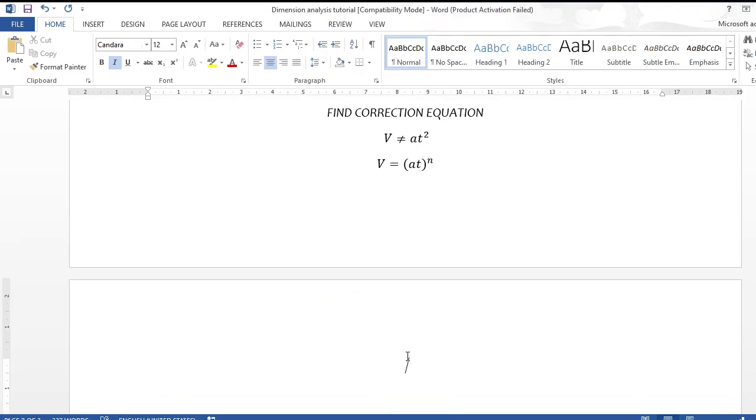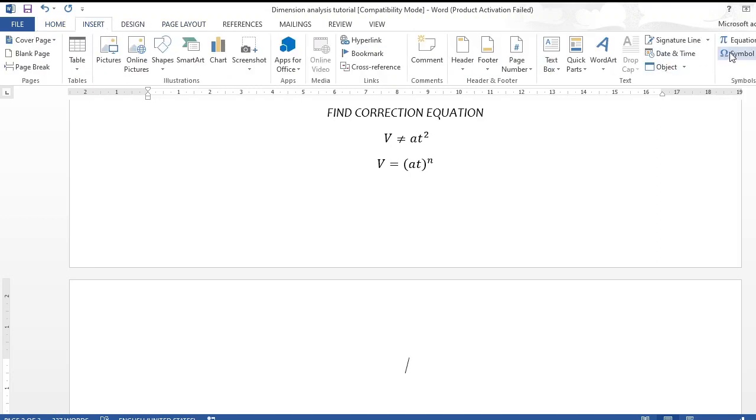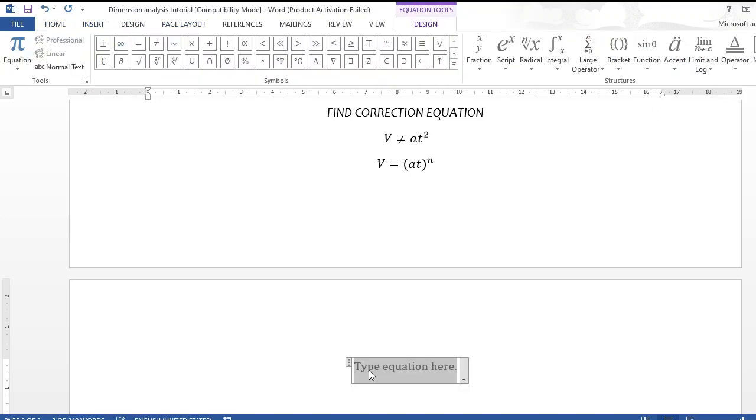So I've put the brackets, for it is the whole part which we want to find, which we want to prove to be a correct equation. So the dimensions for V we have already discussed.